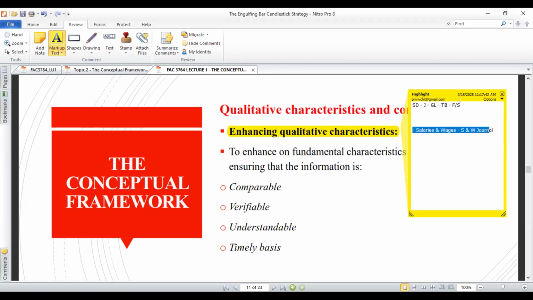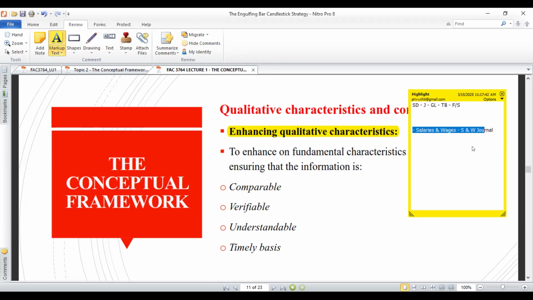So now, for us to confirm that the salary paid for the 2024 financial year of the company, say maybe it was, I don't know, 2 million rand, for us to verify that it's indeed 2 million rand that the company incurred on salaries and wages, we should be able to vouch back to their source documents, which is their salaries and wages journal.